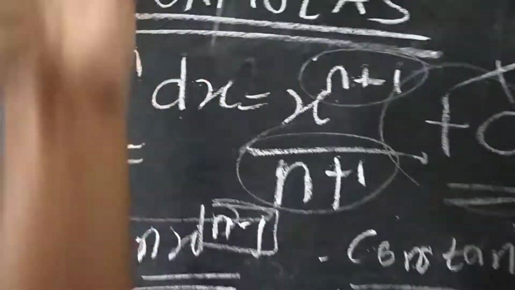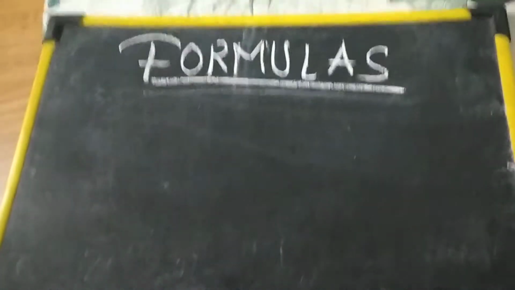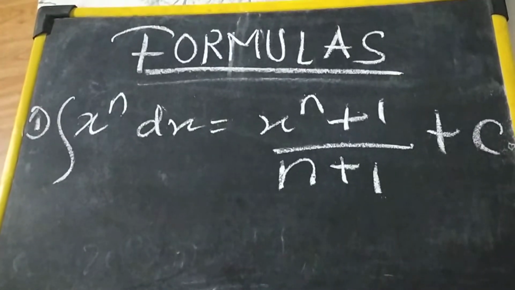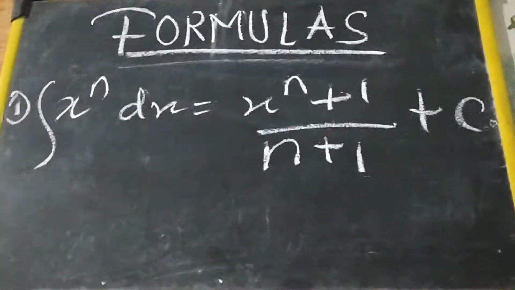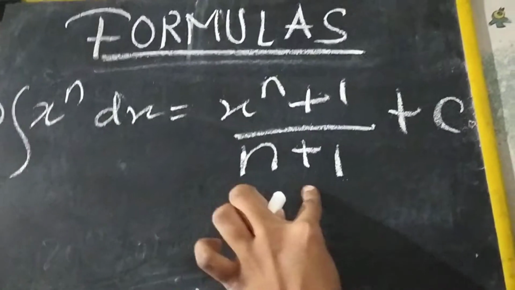So this gives us our first formula: integration of x raised to n dx is equal to x raised to n plus 1 upon n plus 1 plus c.